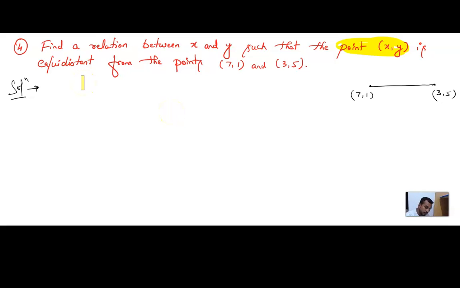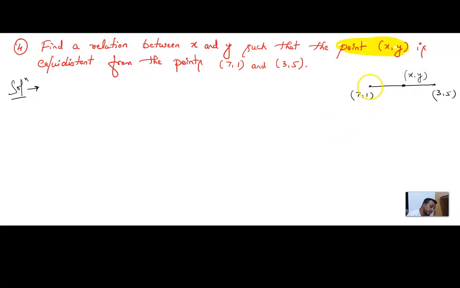Equi means equal, distant means distance. From x comma y, whether you measure to 7 comma 1 or to 3 comma 5, it maintains the same distance. It means x comma y is in the middle.